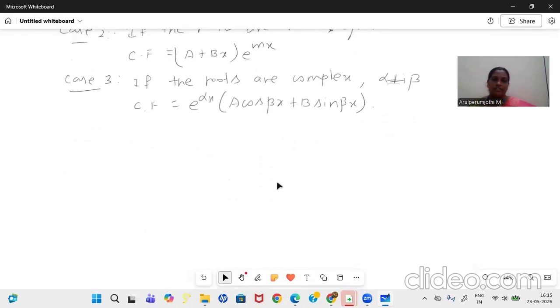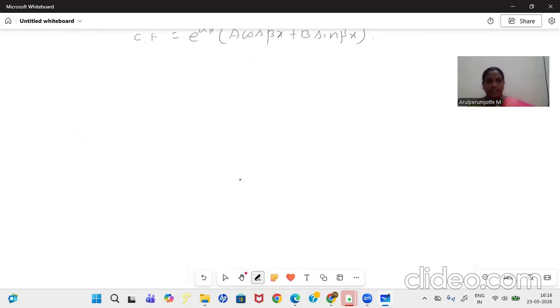Okay, so after finding your complementary function, we need to find the particular integral. So the PI general form is nothing but 1 by f of D into q of x.